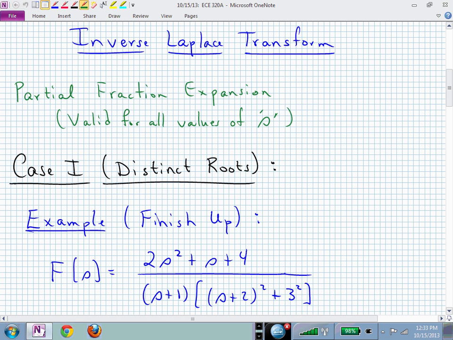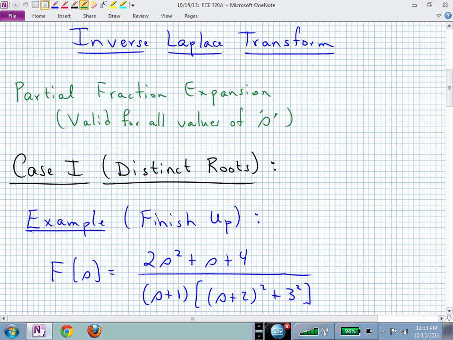And where are the roots for that denominator pole factor in square brackets? What value of S? I think I told you to go home and check that. What value of S will cause that bracketed term to vanish? And there's two, aren't there? There's two distinct complex values for S that allow that bracketed expression to disappear or to equal 0.